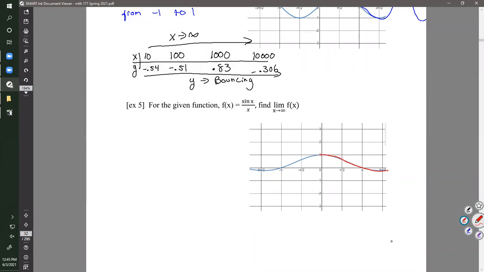So let's go ahead and go to algebraically and build a chart. Let's do 10, 100, 1,000, and 10,000. If we plug in 10 into our sine of x divided by x, a side note, you want to be in radian mode.